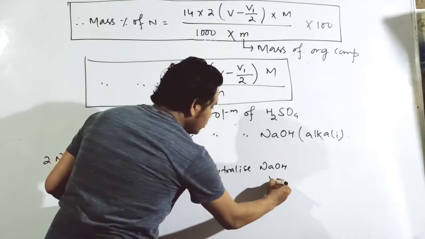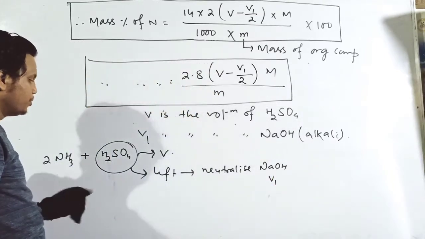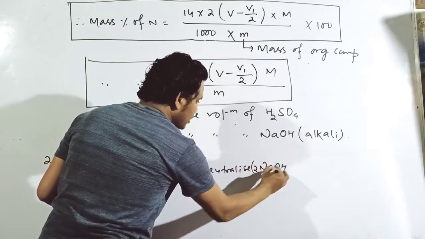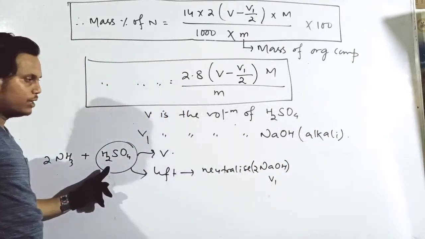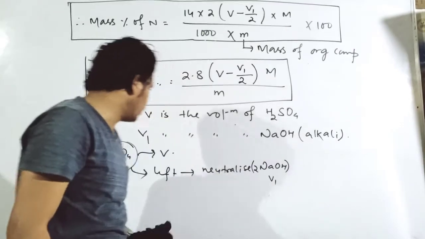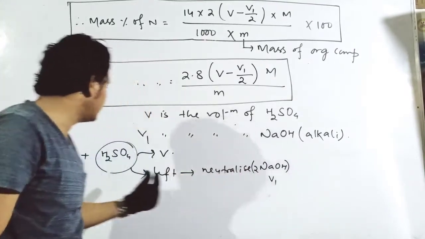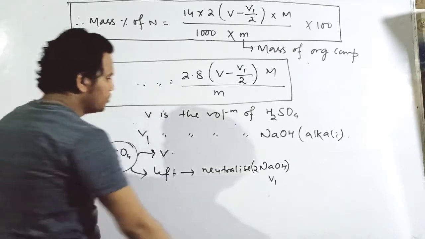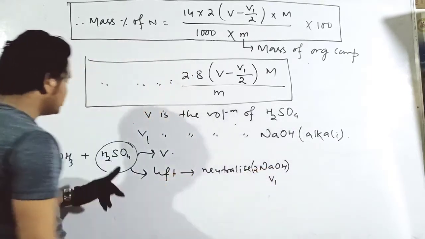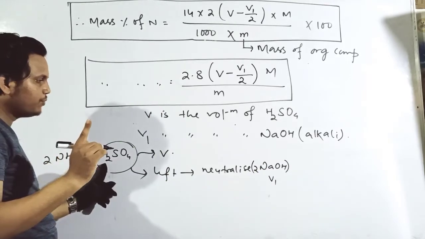Suppose the volume of NaOH is V1. See, for 1 mole of sulfuric acid we require 2 moles of NaOH. So 2 volumes of NaOH require 1 volume of sulfuric acid. Why?